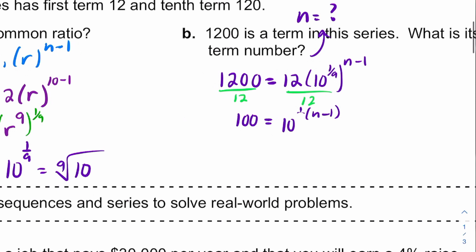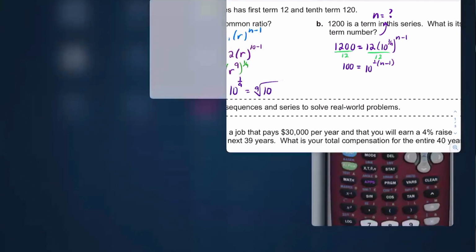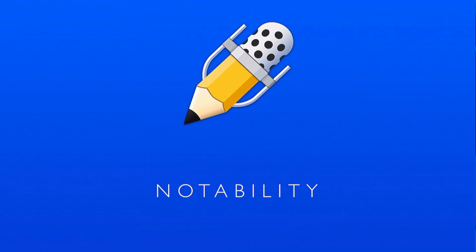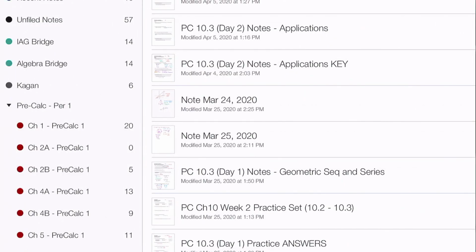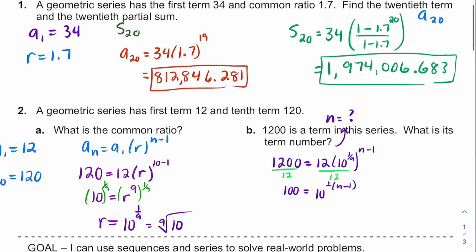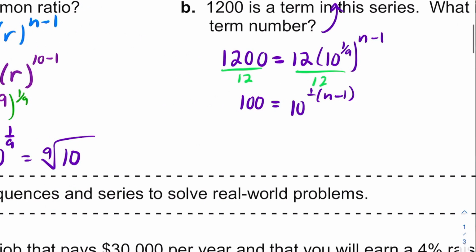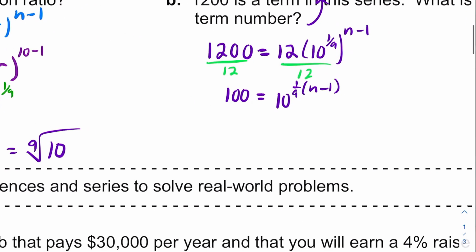I know it's a little small there. Give me just a second, it's glitching here. I'll try to cut this out later. Okay, there we go. Now I can type 1/9 to the n minus 1 power.